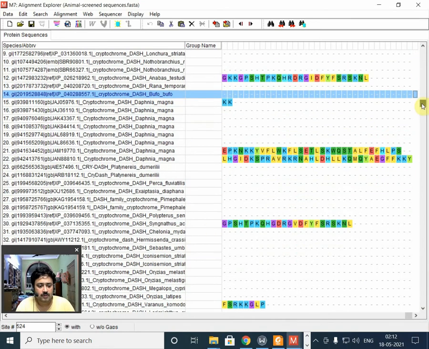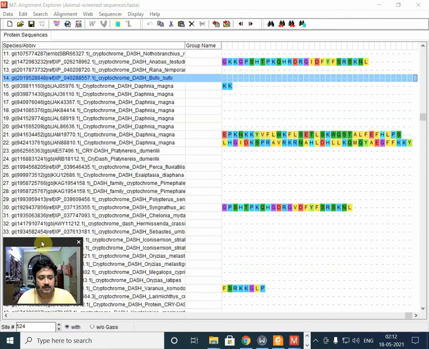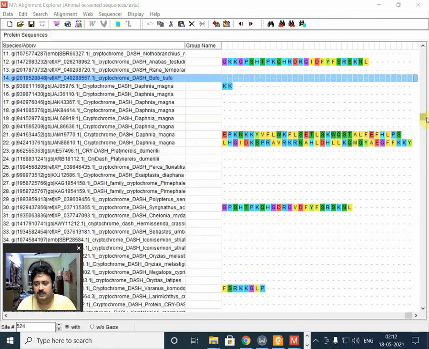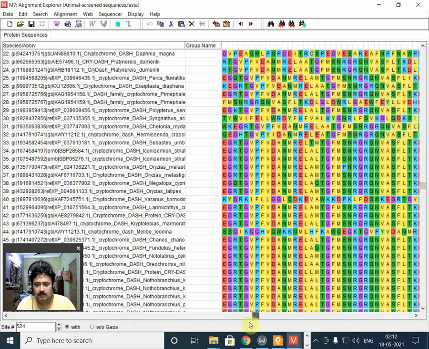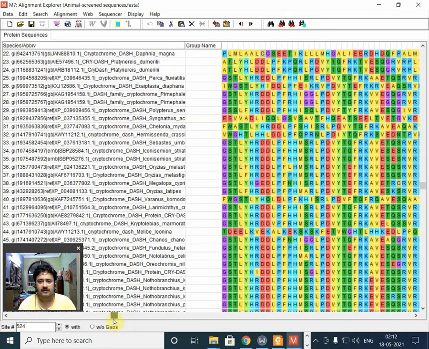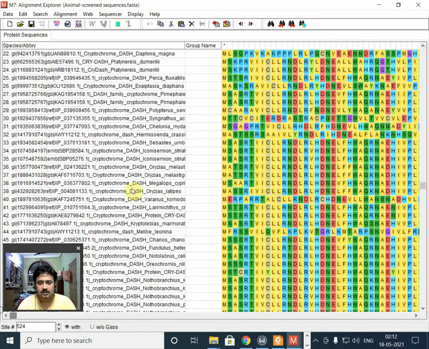If I scroll down from here to here, you will be able to see all of them are different in size, so the first thing that we are going to do is go for alignment.